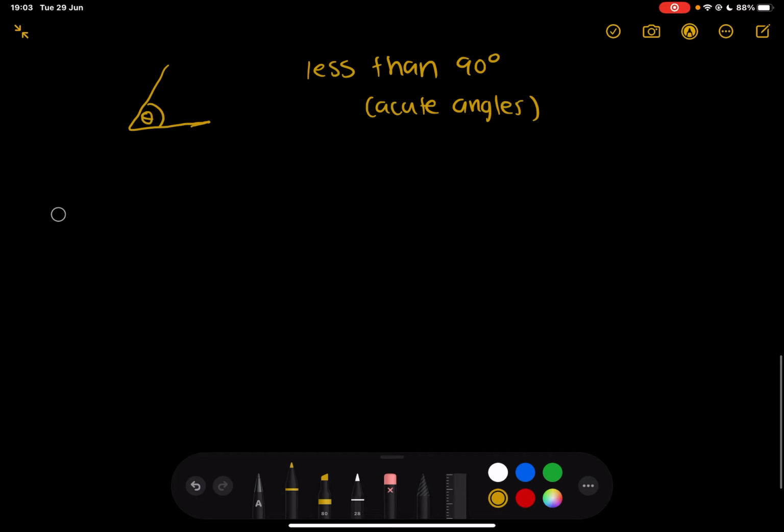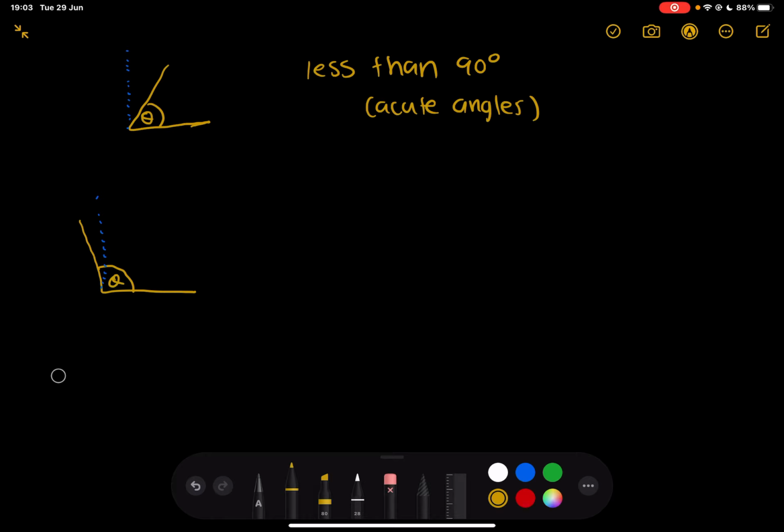We also have obtuse angles. Okay, let me just quickly draw the 90 like that.